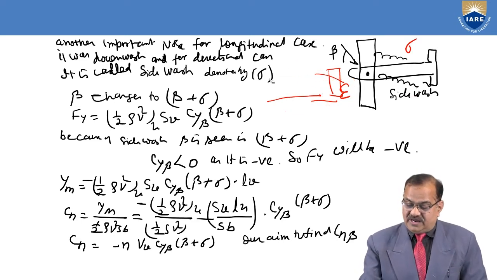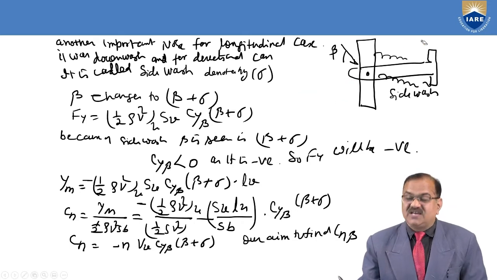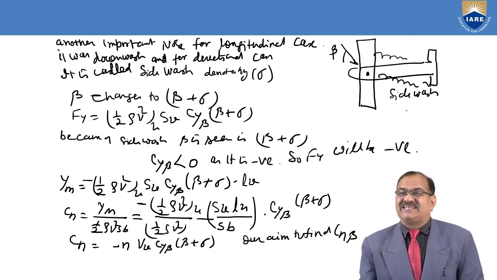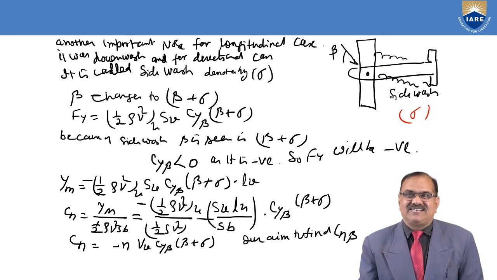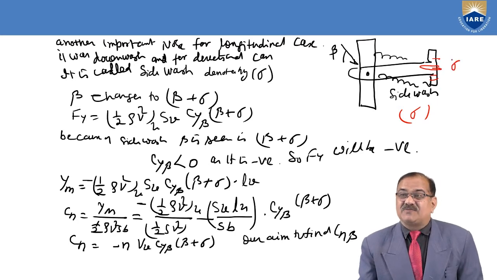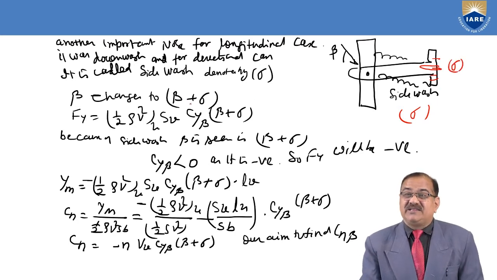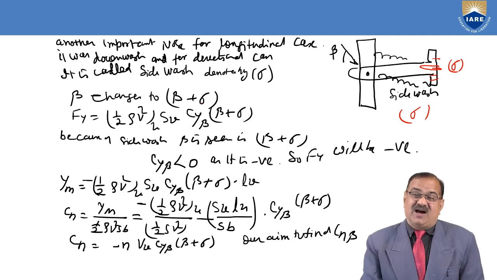So for this directional case we have to use sidewash, denoted by sigma. If you see the tail portion, including your vertical tail, there epsilon is important, and this sigma, the sidewash, is very important.